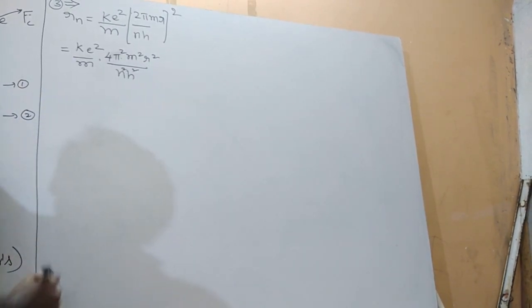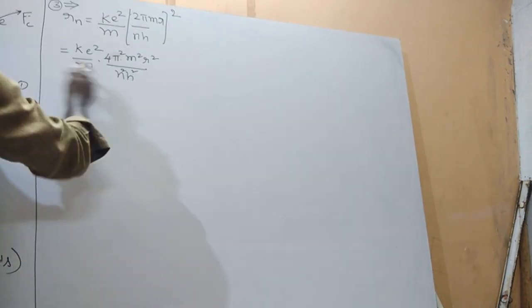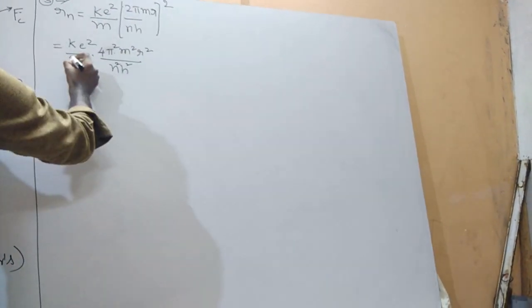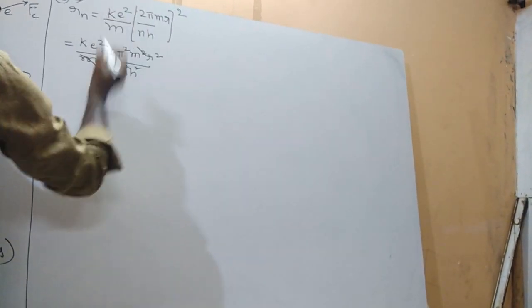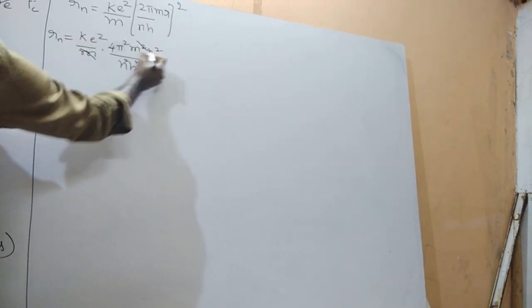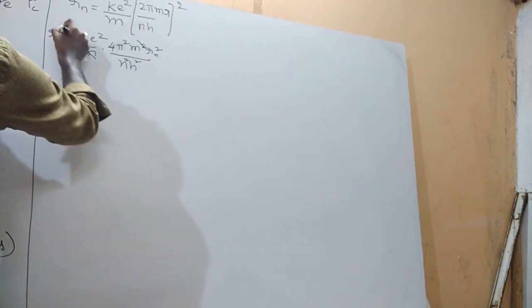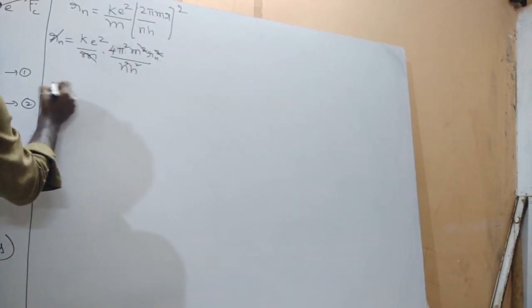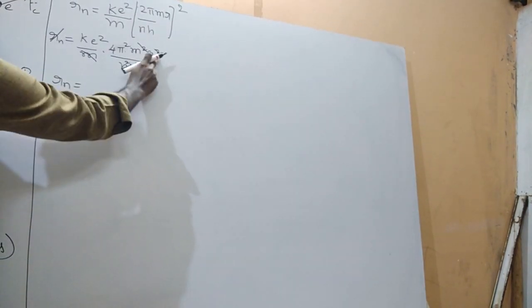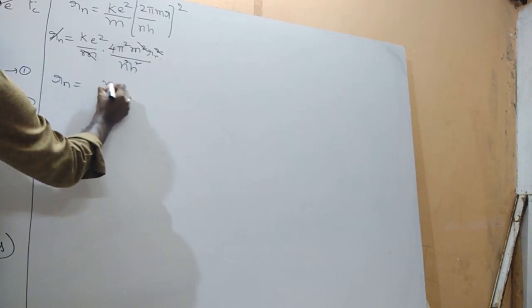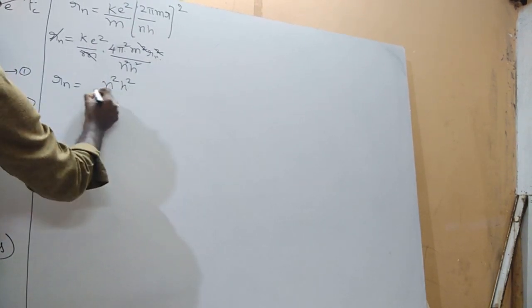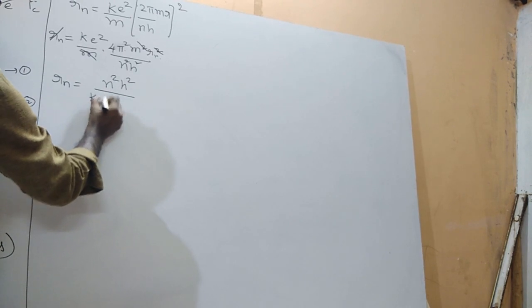Any division parameters having m square will cancel. Rn here is there, Rn here is available, so one Rn is cancelled. Now Rn is equal to, sending all parameters this side, n square h square divided by k e square.